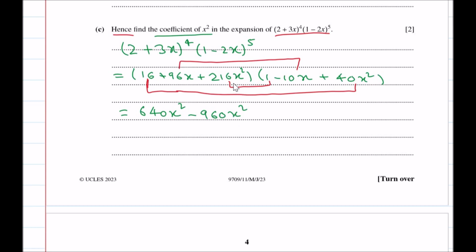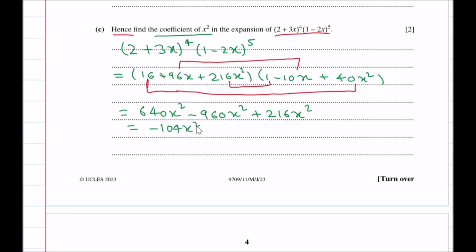And if we multiply 216x square with 1, we get plus 216x square. Now all are having x square, that means they are like terms. So we can combine them, and if you simplify this, we get minus 104x square.